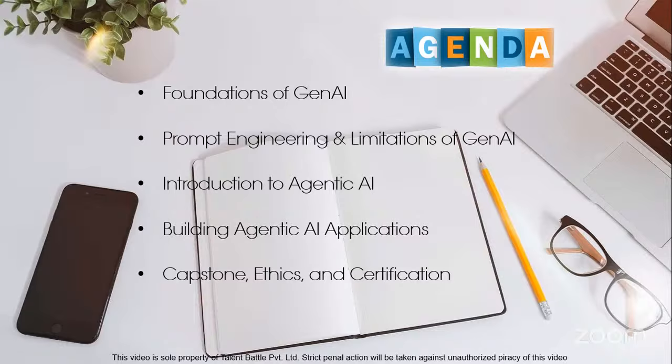Then coming to the second module, that is prompt engineering and limitations of Gen AI, where the objective will be learning how to get the most out of Gen AI. We need to focus on the basics of prompt engineering, because of how the structure works with respect to the prompt, and there will be chain of thought and role based prompting.